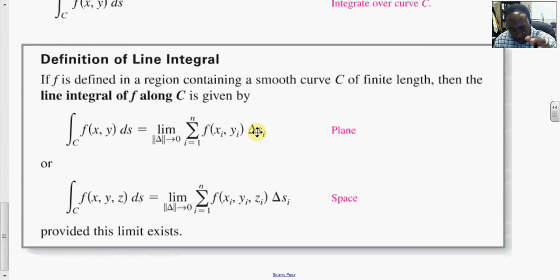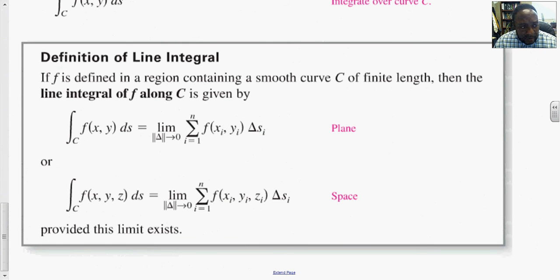I'm thinking section 15.6, but this is 15.2. Here s sub i represents little arc lengths. You're calculating the sums of those, and provided the limit exists, we say that we have the line integral.